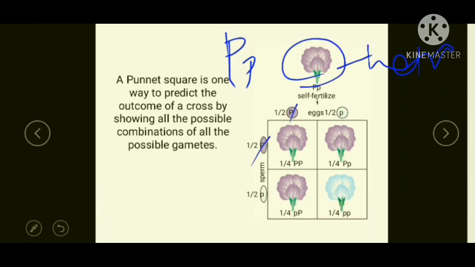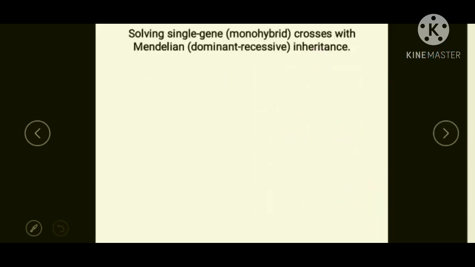We can get 1 over 4 PP, which is homozygous purple. Here they are heterozygous purple, and here also heterozygous purple, but here we can get homozygous recessive for the character. This is all about the law of segregation.